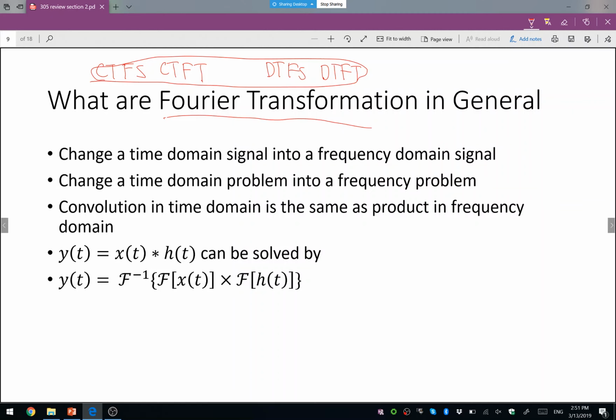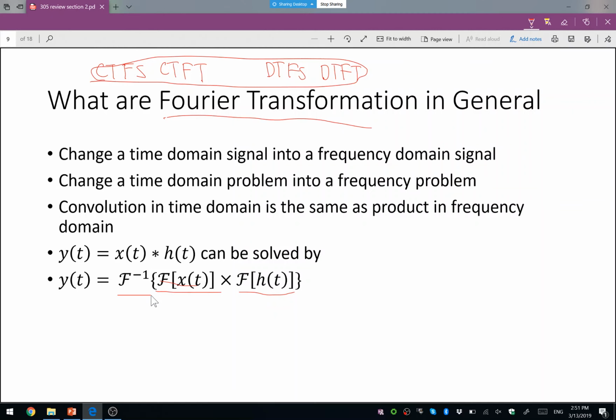I want to put it mathematically this way: y(t) is the time domain output. It is the convolution of the input and the impulse response. I can compute that by first computing, by Fourier transformation, the frequency domain signals, this and this, finding the product of them, and doing the inverse Fourier transformation to find the final result.